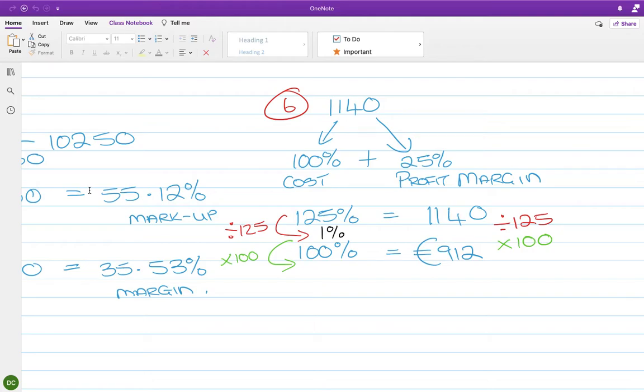Whereas if I do... sorry, what I'm thinking here is that it says that that price includes a percentage margin of 25%, not a markup.